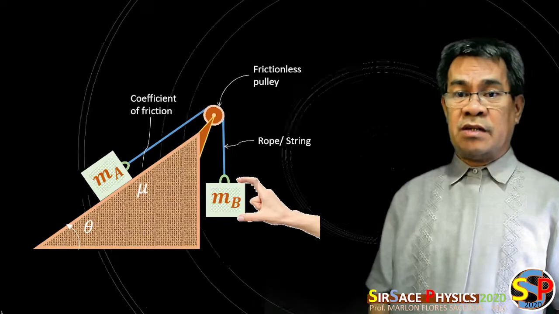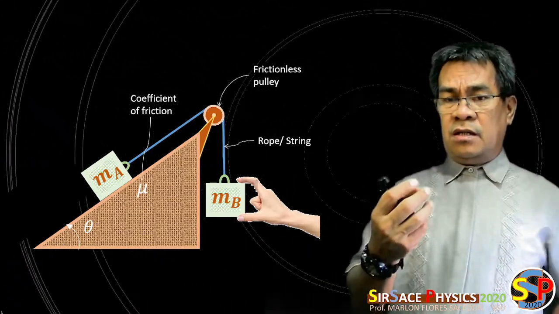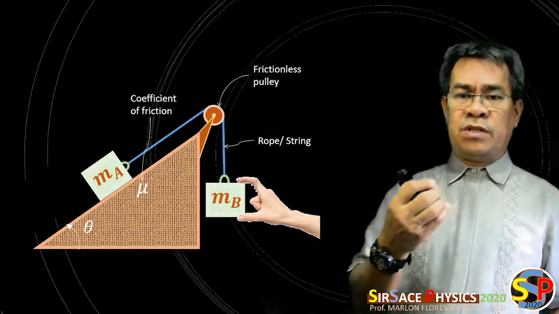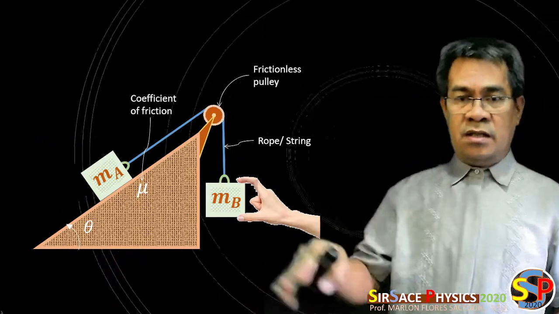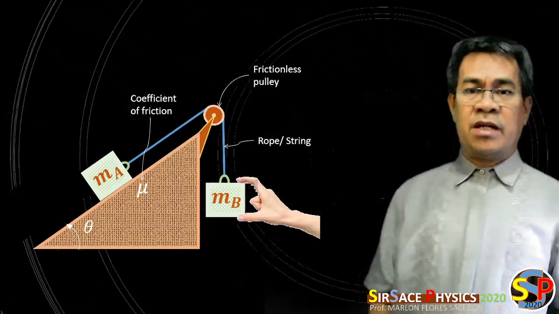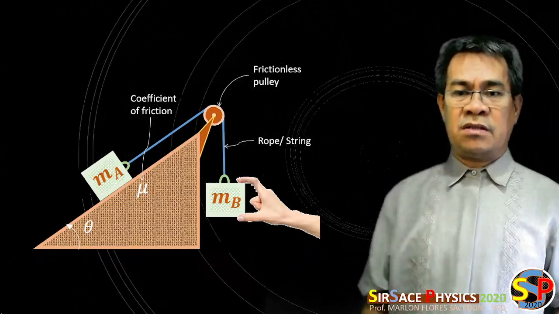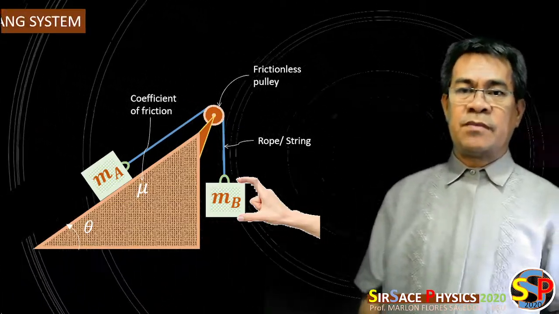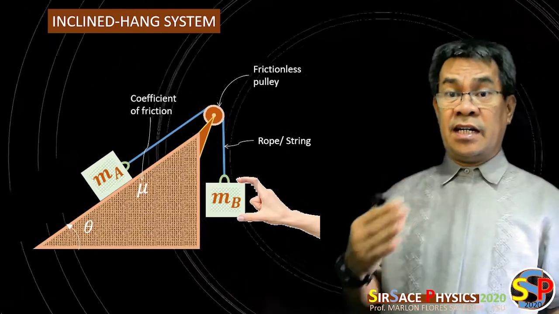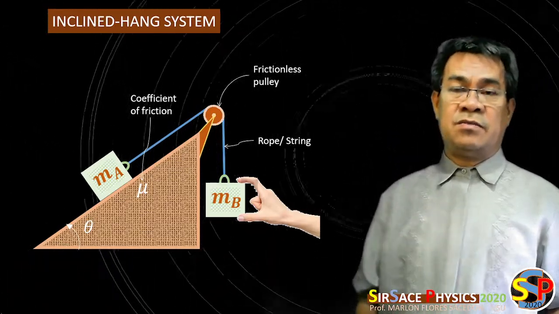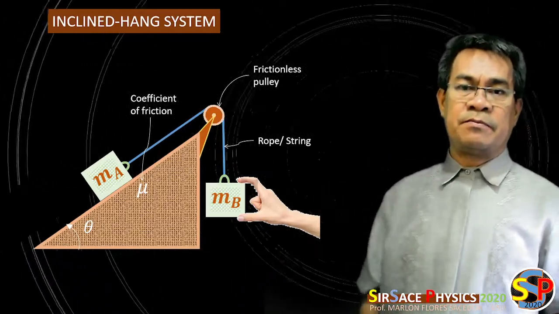Suppose we have friction between the object and the inclined plane, so we have the coefficient of friction, mu. Mu is the coefficient of friction. We call this the incline-hang system.